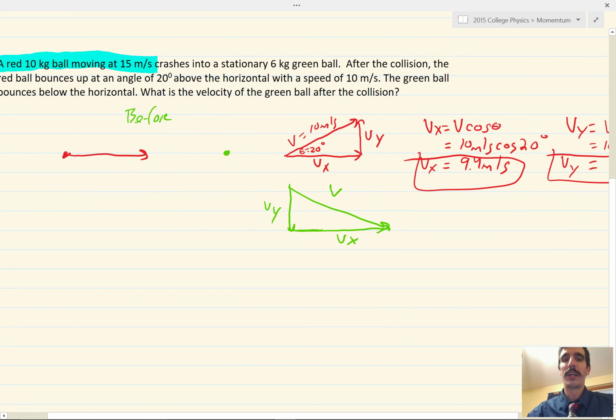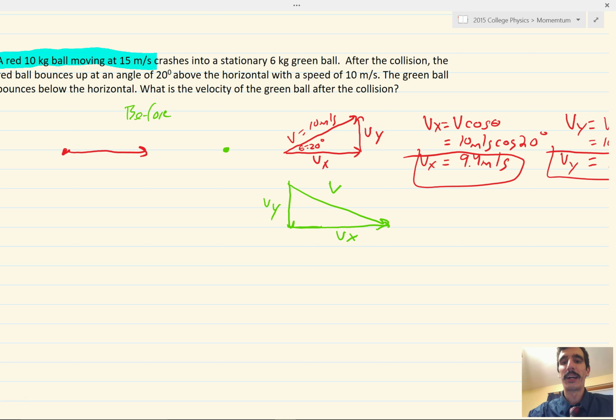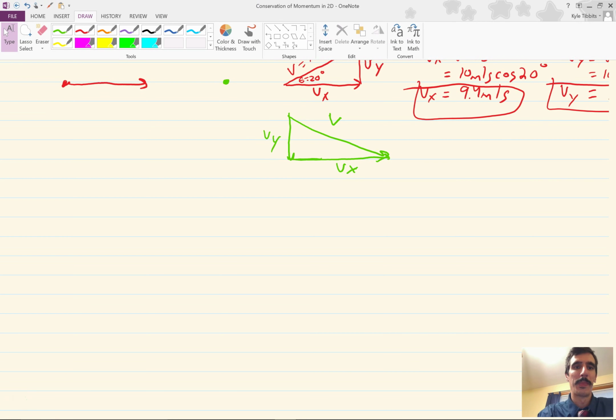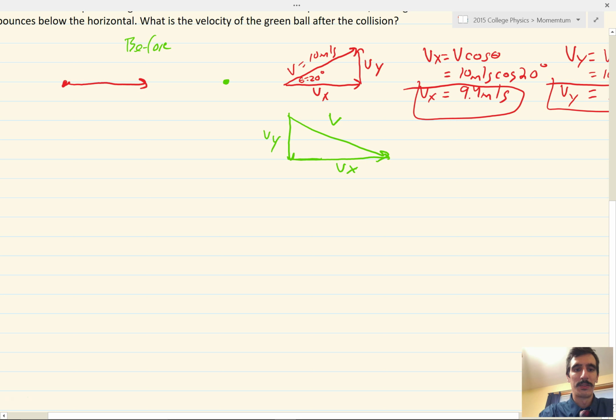Okay, so we've got our collision. Remember, we're looking at the x and y direction. Let's look at the x first. So we'll draw our LOL diagram. This is step 3. And we'll look in the x direction first. So before, we're saying all the momentum of the system is conserved and is equal to after.